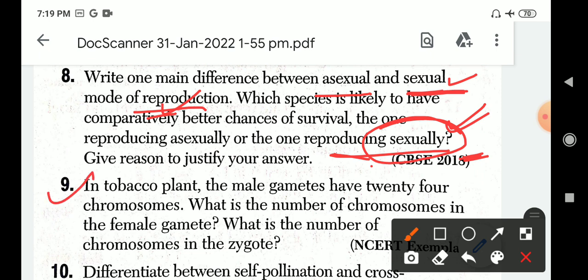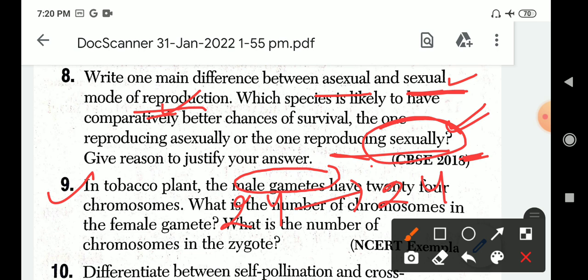Now next, in a tobacco plant the male gamete has 24 chromosomes. What is the number of chromosomes in the female gamete? Because the male gamete has 24, the female gamete also has 24 chromosomes.